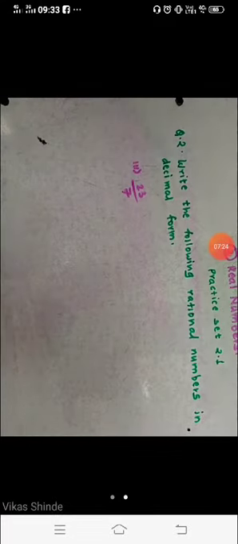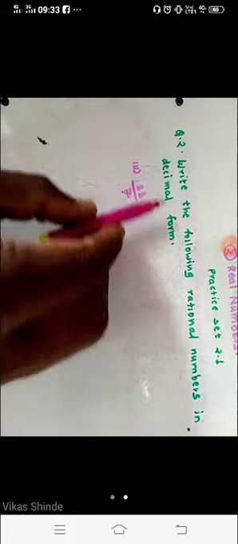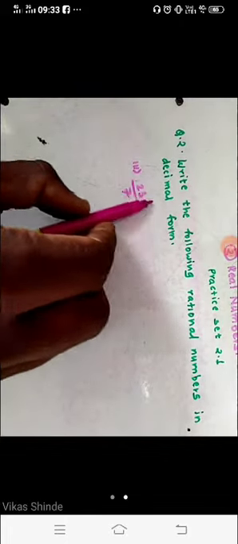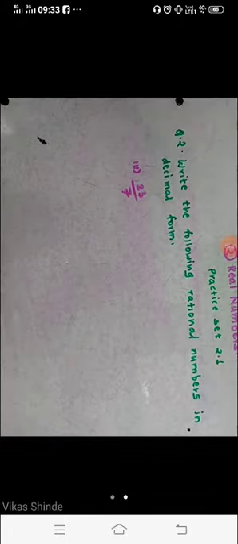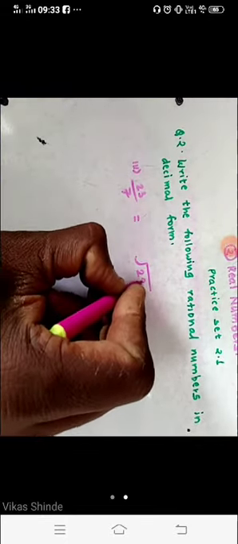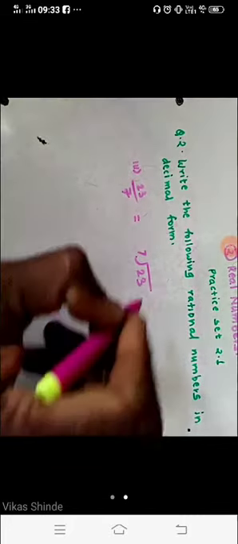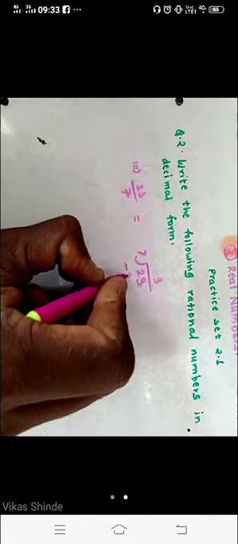Now see the next decimal, sorry, the next fraction as well as rational number, 23 upon 7. Simple way, write this 23 here and here 7. You know the 7 table. 7 threes are 21.